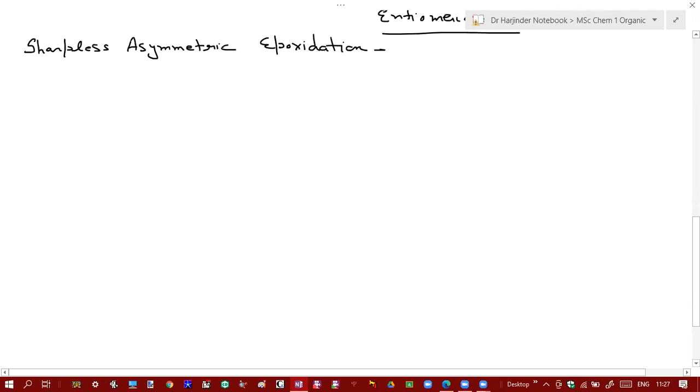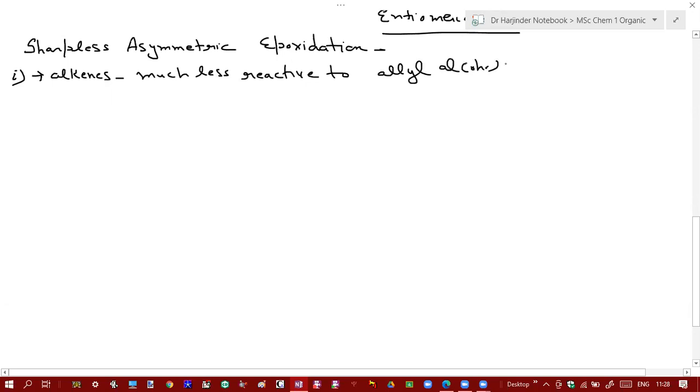Now, how does this reaction differ from the normal epoxidation process? In normal epoxidation that we have discussed above, first of all, it is applicable to alkenes only, and is much less reactive to allyl alcohol.